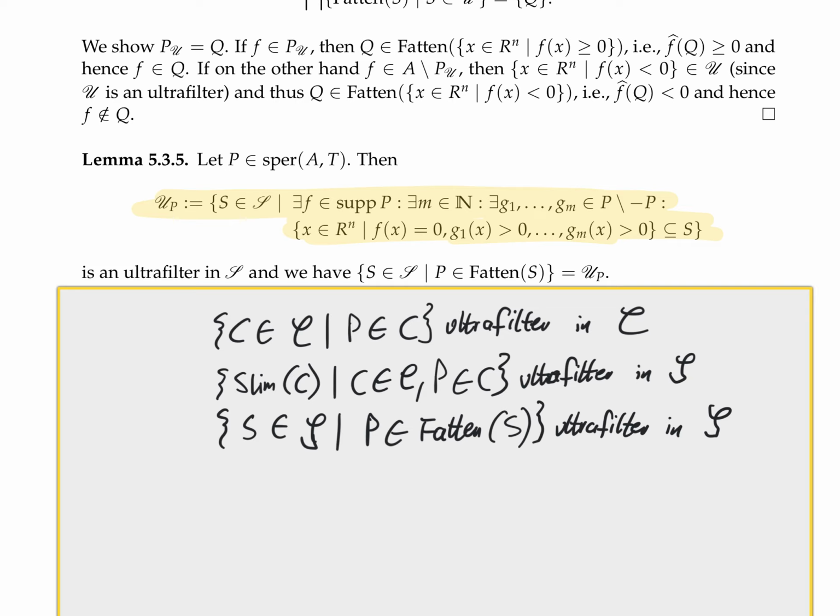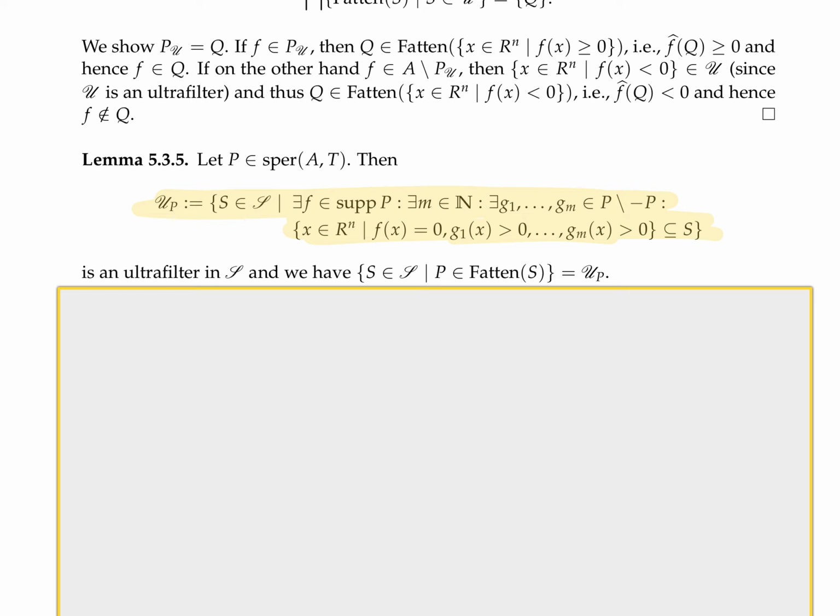So the idea is, maybe let's draw a picture again. Let me draw a case of two variables now. So it should be R^2.